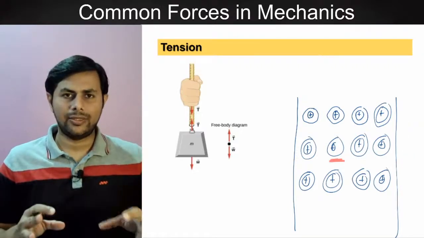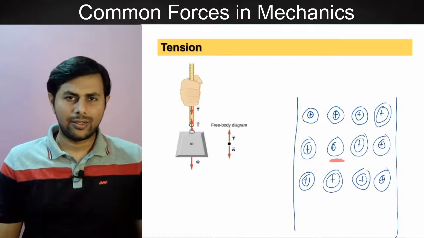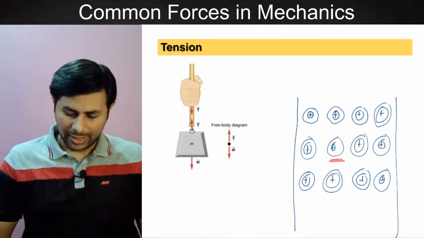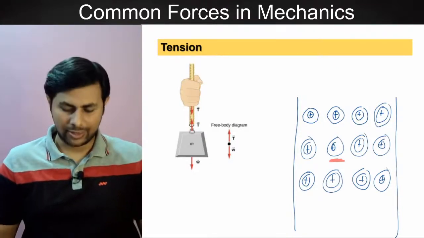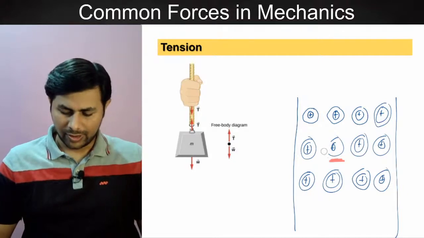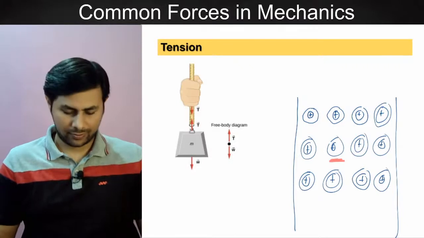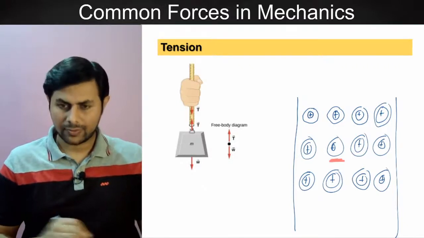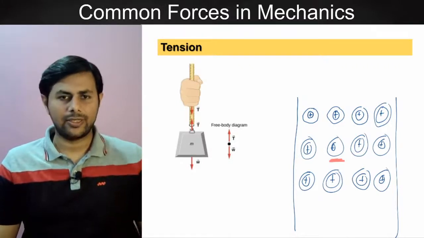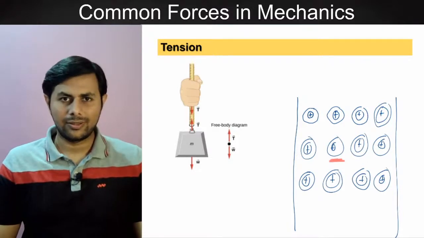When the rope is lying idly, how much is the net force acting on any molecule in that rope? For example, how much will be the force acting on this molecule? Yes, it should be 0, right?